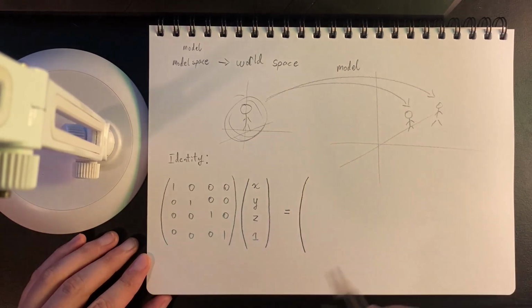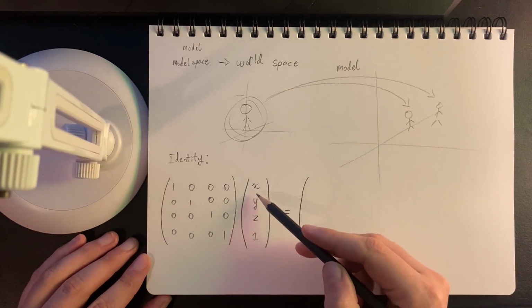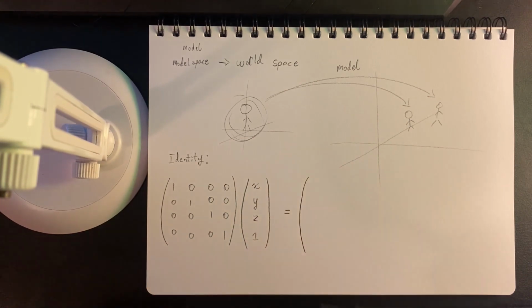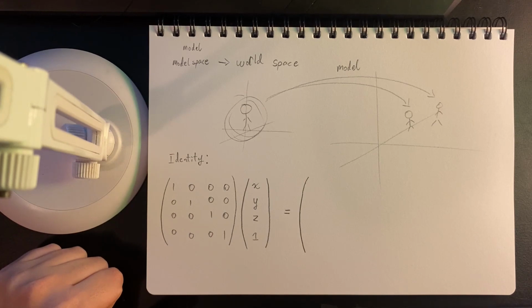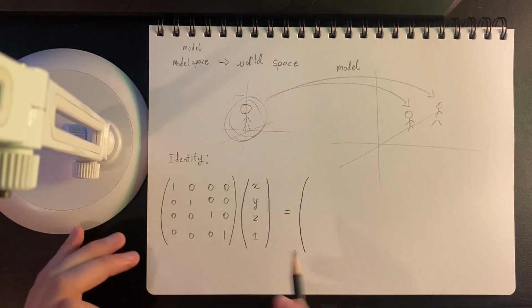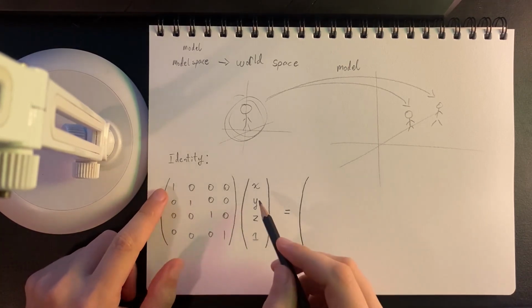Let's compute the result. Now note that we've got x, y, z and a 1 on the end, just like we were putting 1s on the end in our shaders in the previous sessions when we're setting GL position. But let's go through this, and at a later point I'll explain it in this same video.